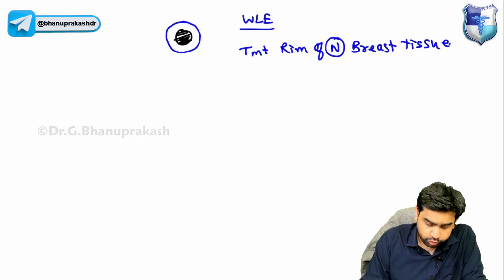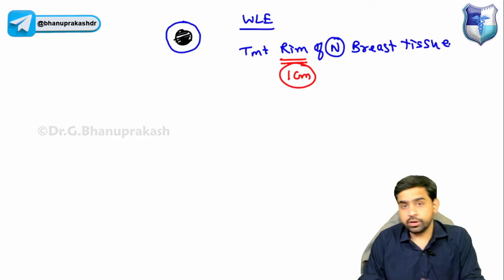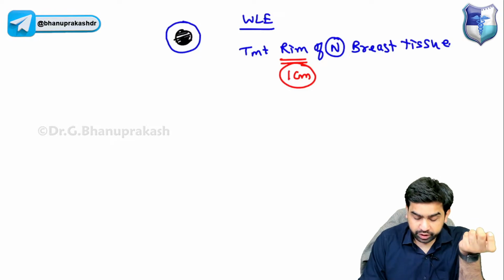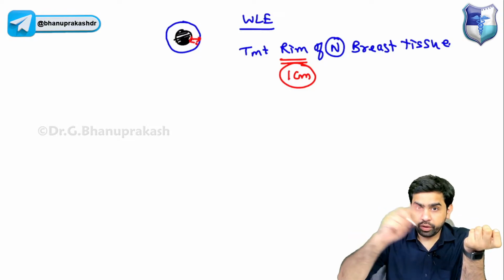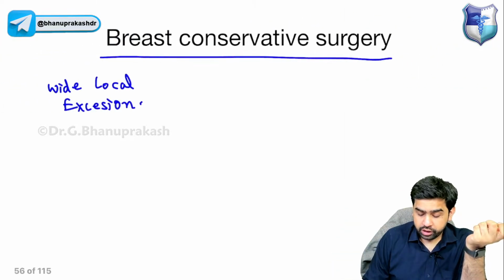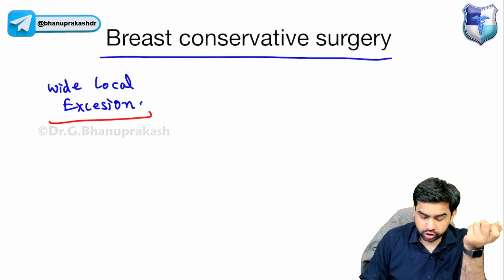How much of the rim do we remove? We remove 1 centimeter. So this 1 centimeter rim of tissue is removed with wide local excision, so here you can say that the margin of excision is 1 centimeter.